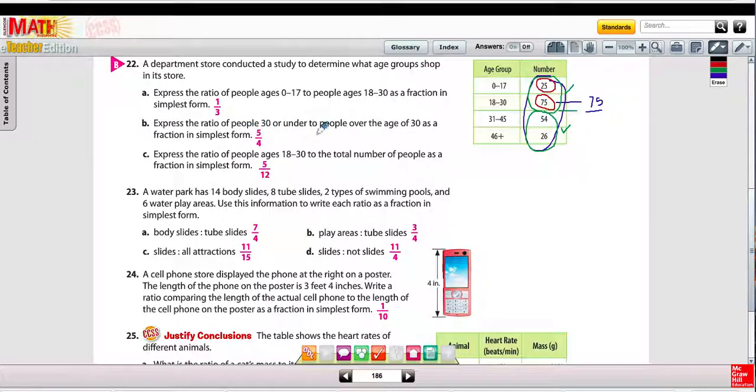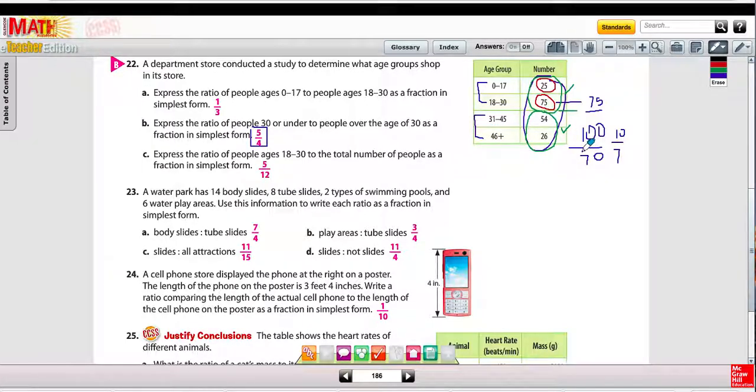In B, you should have gotten 75 plus 25 is 100, and 54 plus 26 is 70, and 10/7 is the reduced of that fraction, but that's not what we got here, so I must have made an error somewhere in my calculation. 30 and under would be these two numbers, which is 100, and people over the age of 30, so that would be these two numbers.